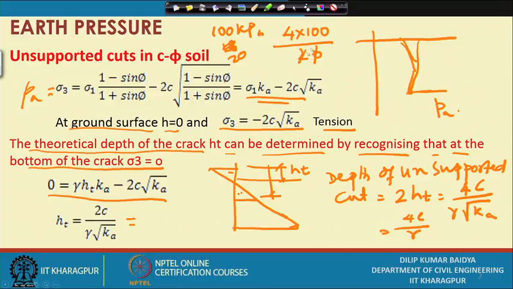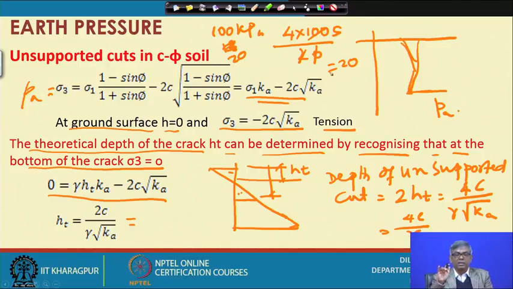Then this gives you 20 meter. That means if a soil has only C, which is 100 kPa, and no phi, that soil theoretically we can cut vertically almost 20 meter without any support. Okay. So, this is the one.